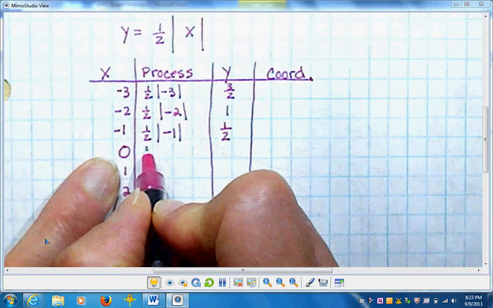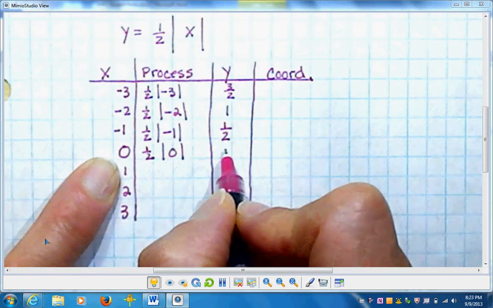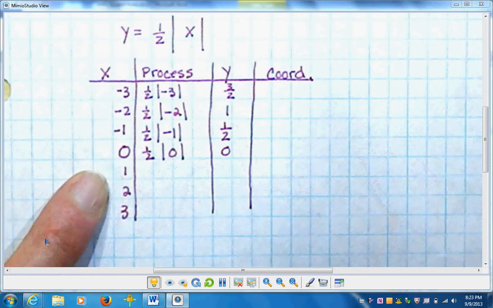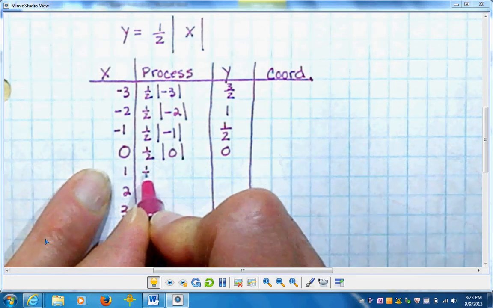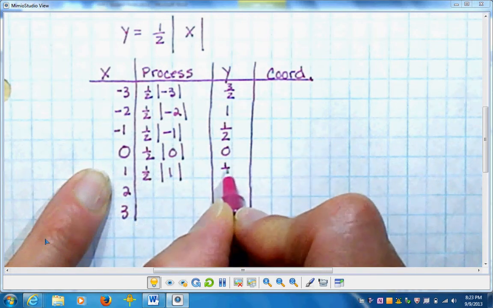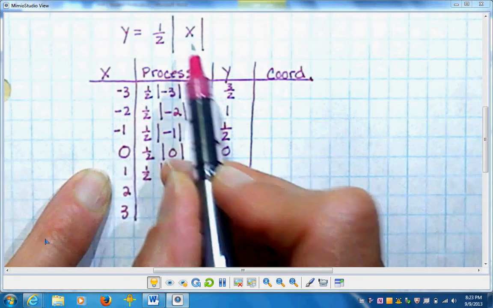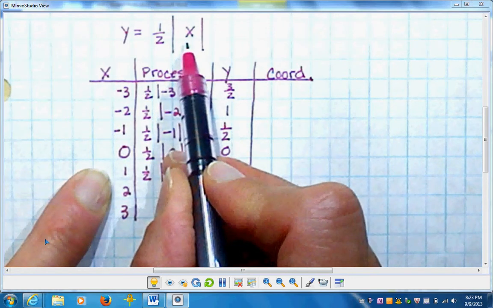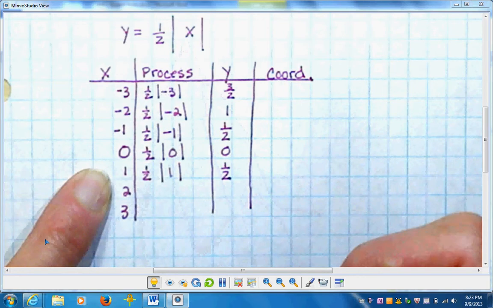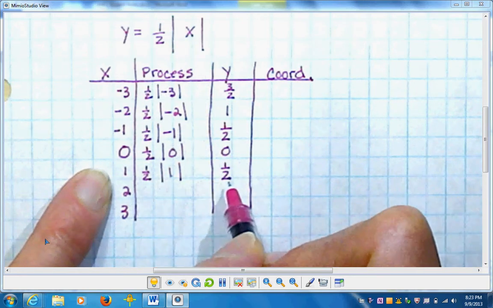Then I have 1/2 times the absolute value of 0, which gives me 0. Then I have 1/2 times the absolute value of 1, which gives me 1/2. So if you notice, I'm just taking my values of x and plugging it in for wherever I see an x in my function, and then I'm just cranking out the numbers and I'm getting my y.